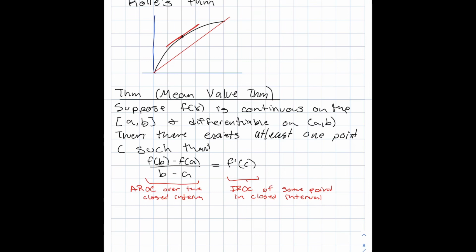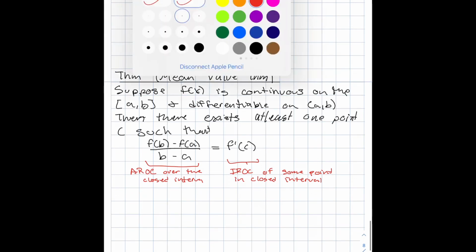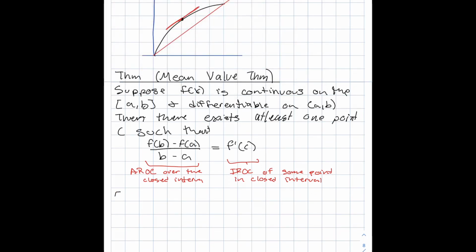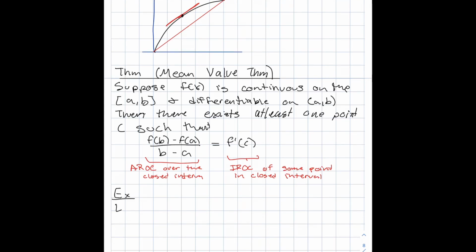Alrighty. So let's do an example, similar to one we did earlier. We're going to let f of x equal x squared on 0 to 2.